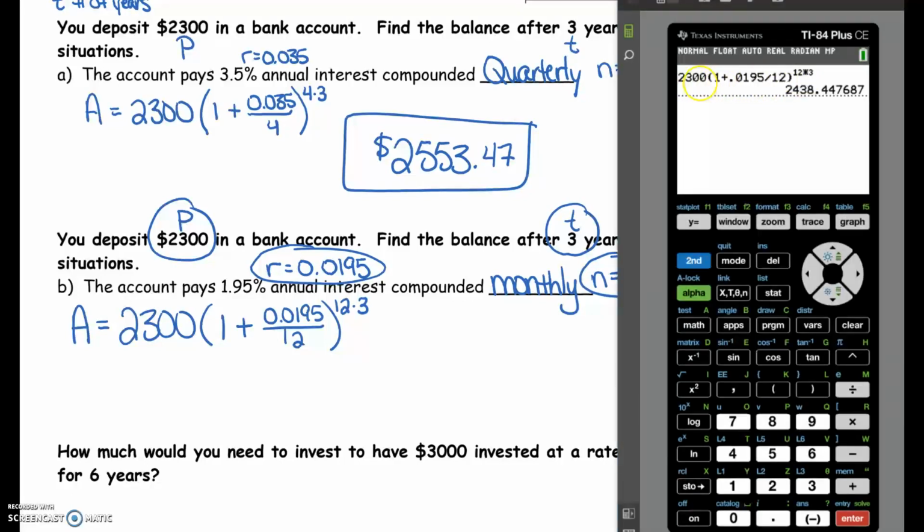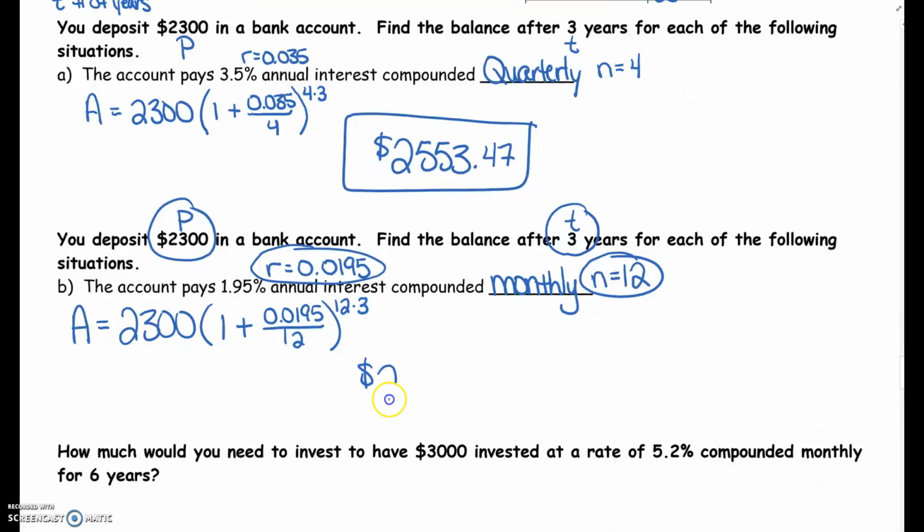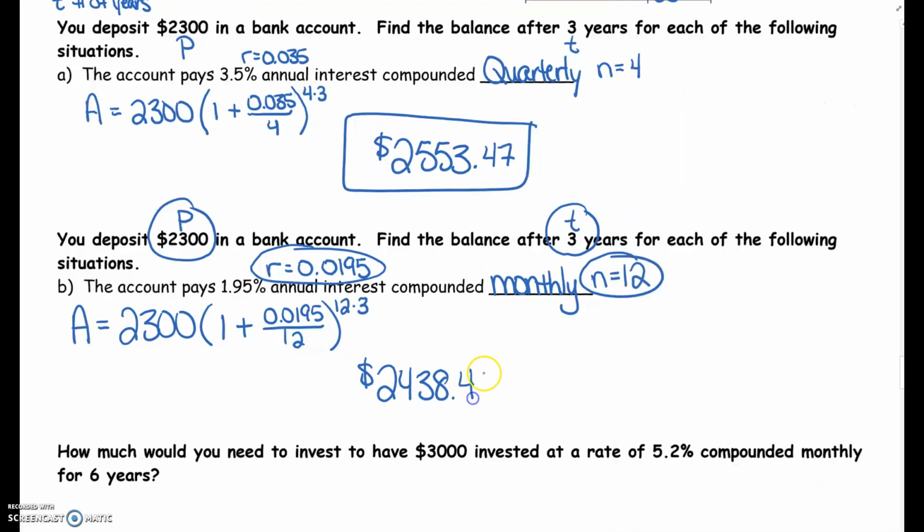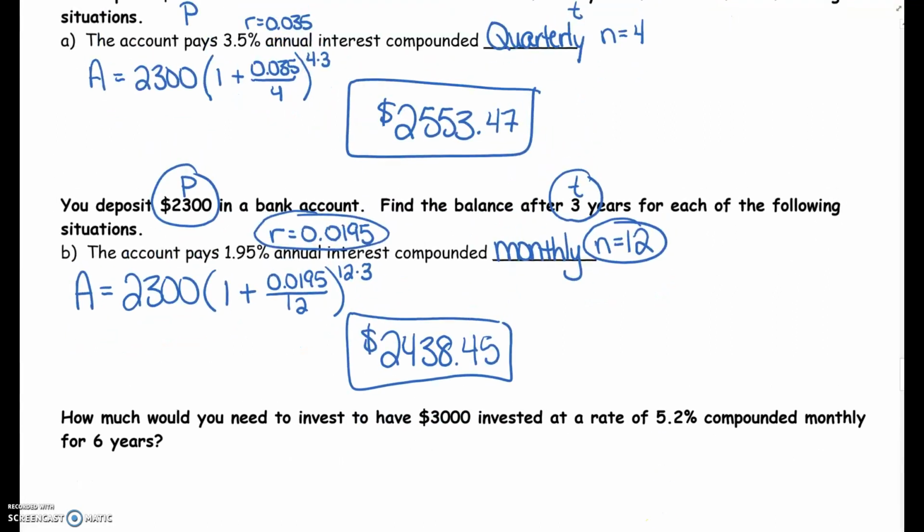Here's what I put in the calculator, and I got $2,438. And then let's look at the cents so we can see how to round it. Currently we're at 44 cents, but the 7 that comes after is going to bump that up to 45 cents. Our answer is $2,438.45.